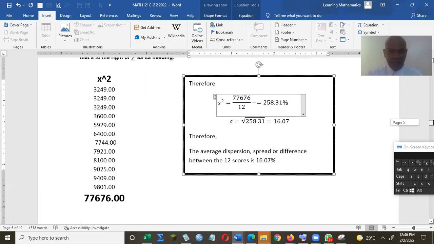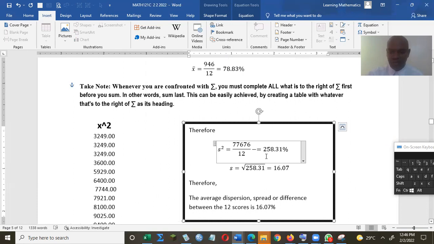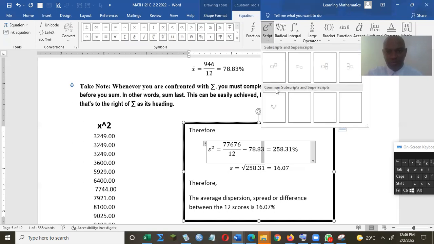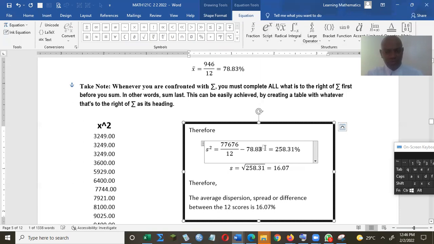The mean is 78.83 raised to the power of 2. Or we can use equations and superscript for raised to the power of 2.